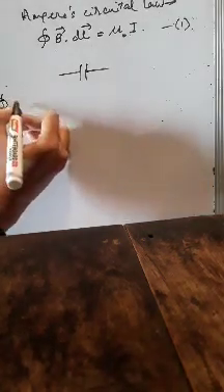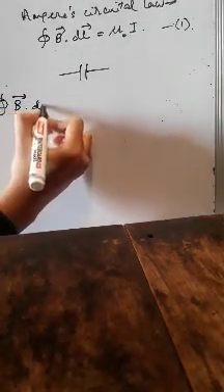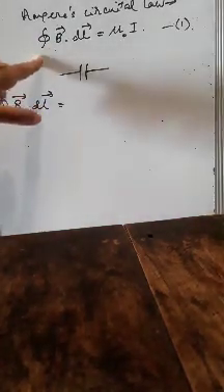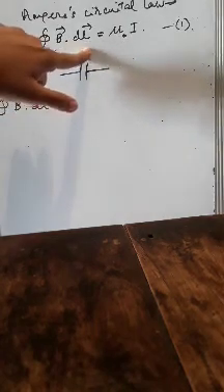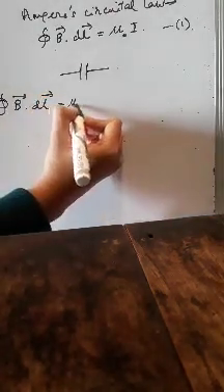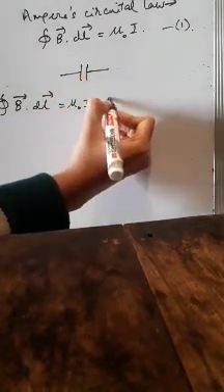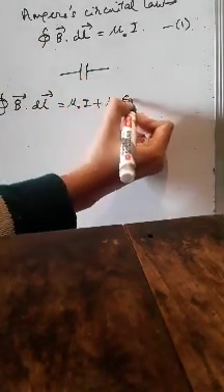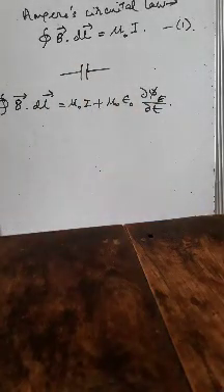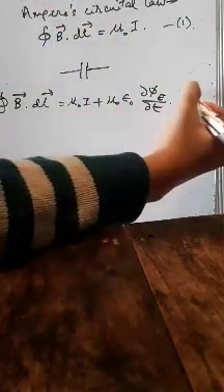Writing the same thing here: the line integral of the magnetic field B dot dl is equal to, I will explain once again, mu naught I plus mu naught epsilon naught del phi E by del t. This is equation number 4.